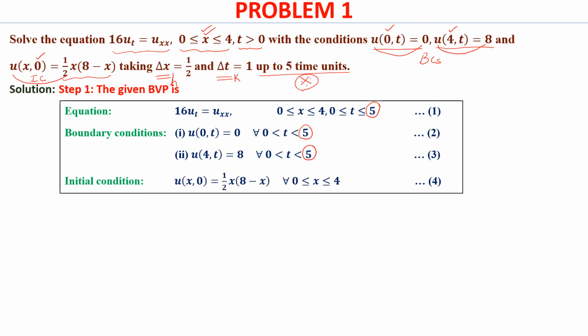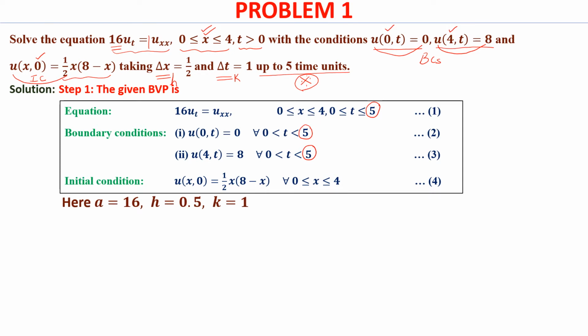The x range is fixed to be 0 to 4. Now I told in the previous video the working rule, we have to identify the values of a, h and k. So a is the coefficient of u_t. You see the value of u_t here is 16 and the coefficient of u_xx is 1. So perfect. The value of a is 16, h value is 1/2, k value is 1.